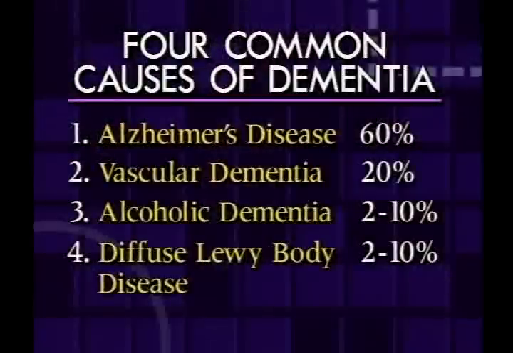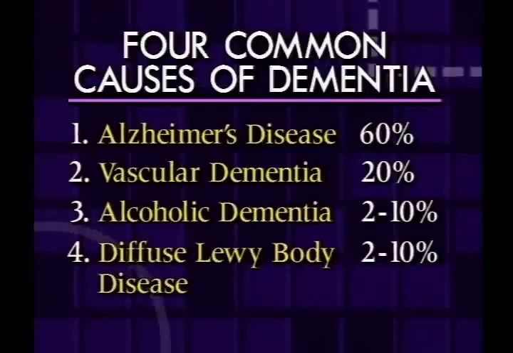What are the 4 common causes of dementia? Well, the first and most common is Alzheimer's disease, which accounts for about 60% of all dementia. Vascular dementia, which previously was thought to be the most common, actually only accounts for about 20%. This is the old hardening of the arteries. Back in the 50s and the 60s, everybody who lost their intellectual abilities over age 65 was said to have, quote, hardening of the arteries.